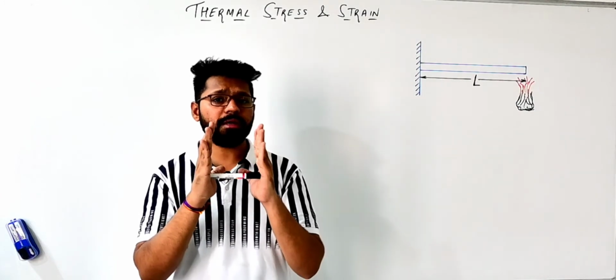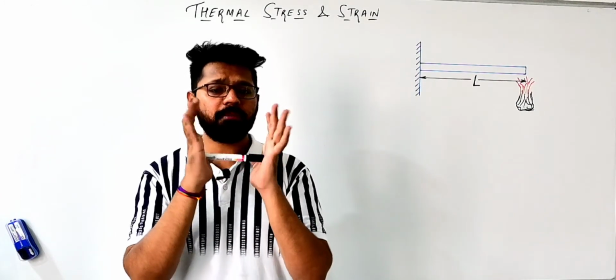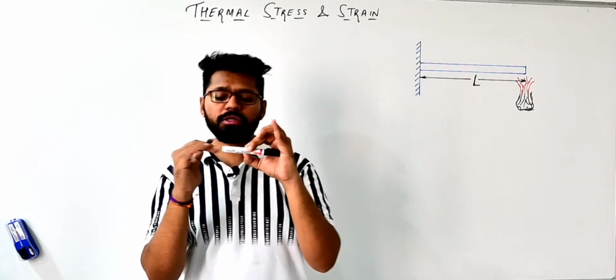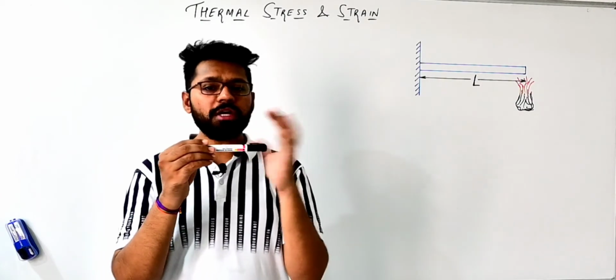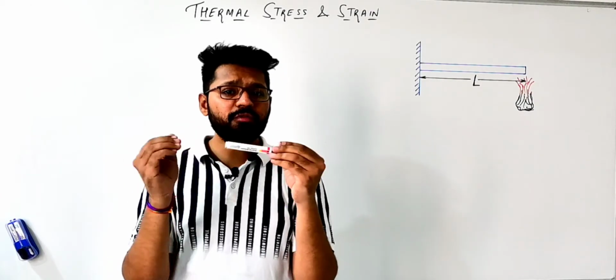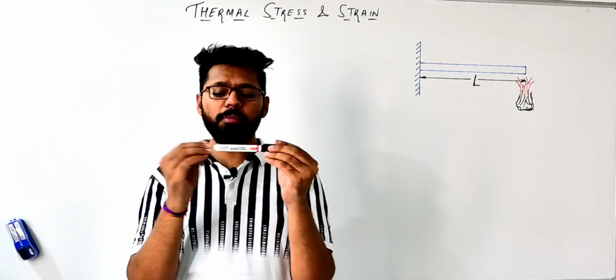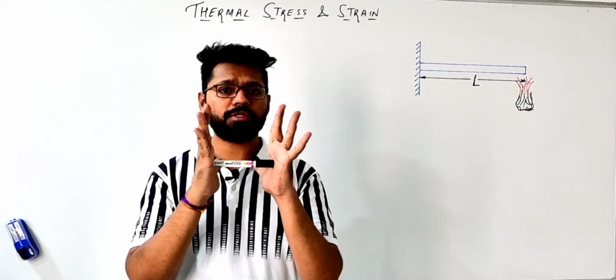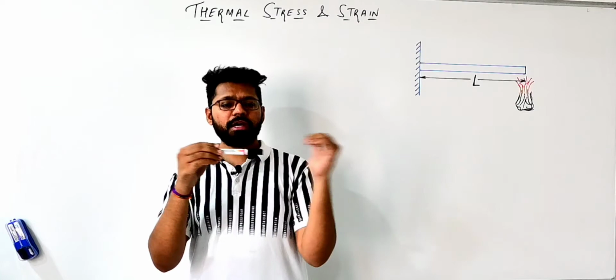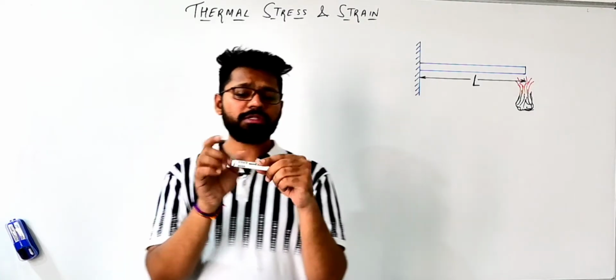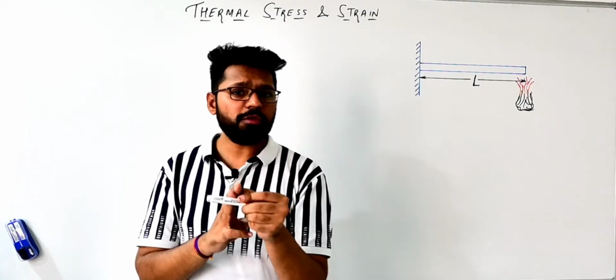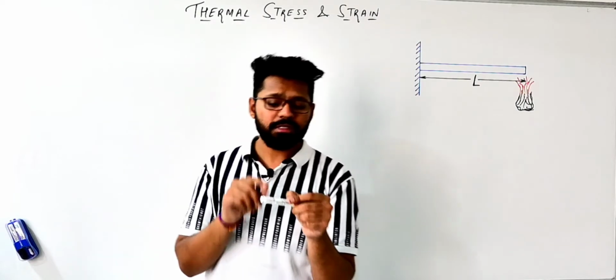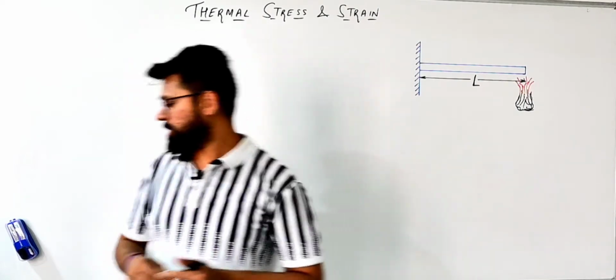So what will happen? This rod will try to expand, but the rigid supports will apply compressive forces. Compressive reactions will be induced from the rigid supports, then a resisting force will be induced, then thermal stress is induced in this bar or rod.